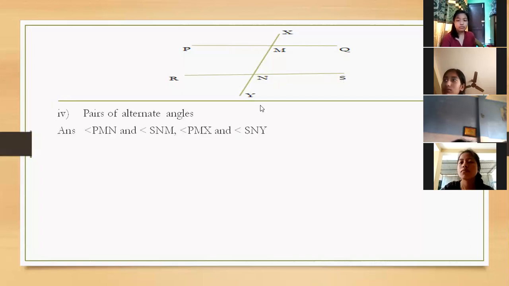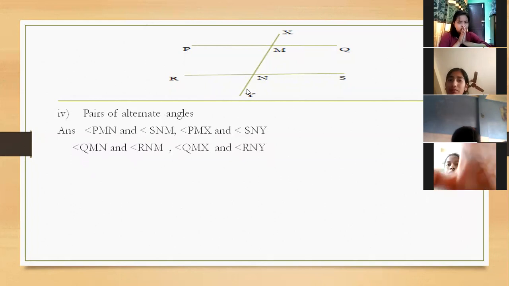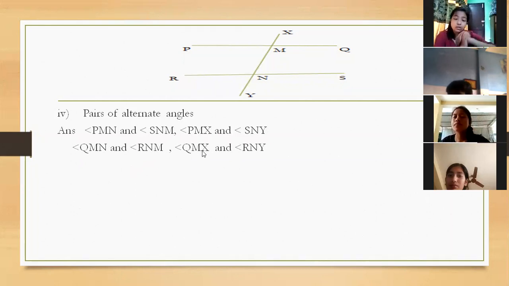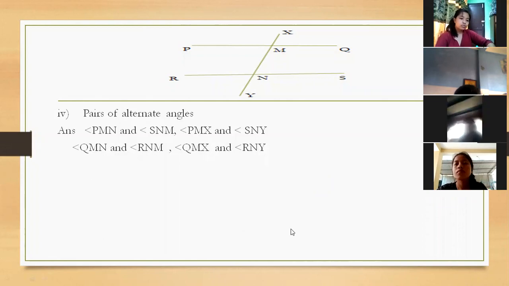One pair is alternate interior and the other is alternate exterior. Down here also, QMN and RNM are interior alternate angles, and the other one is exterior alternate angles. As I told you, there will be two pairs of alternate angles: one pair is alternate interior angles, and another pair is alternate exterior angles.